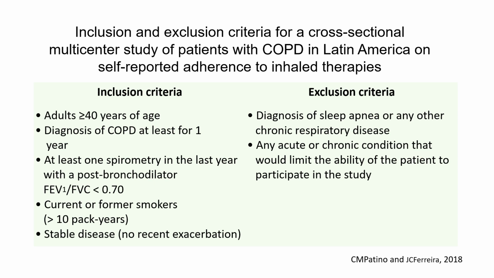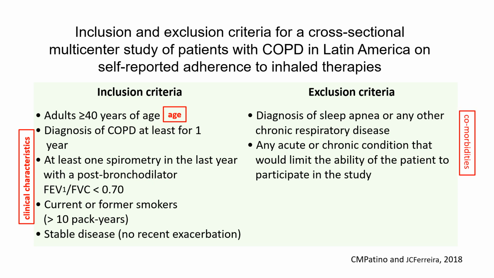The investigators described the inclusion criteria related to demographic characteristics such as age, more than or equal to 40 years of age, clinical characteristics like having a diagnosis of COPD, it being a stable disease, and being a current or former smoker, and the exclusion criteria was related to comorbidities that could bias the results, like sleep apnea, other chronic respiratory diseases, and acute or chronic conditions that could limit the ability of the patient to participate in the study.